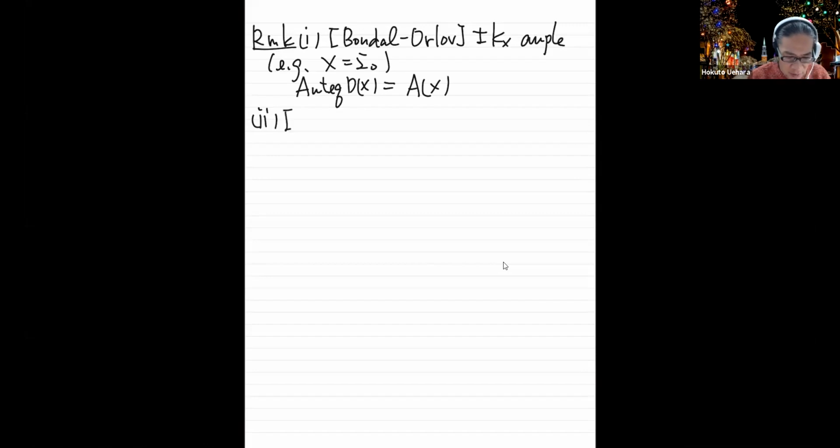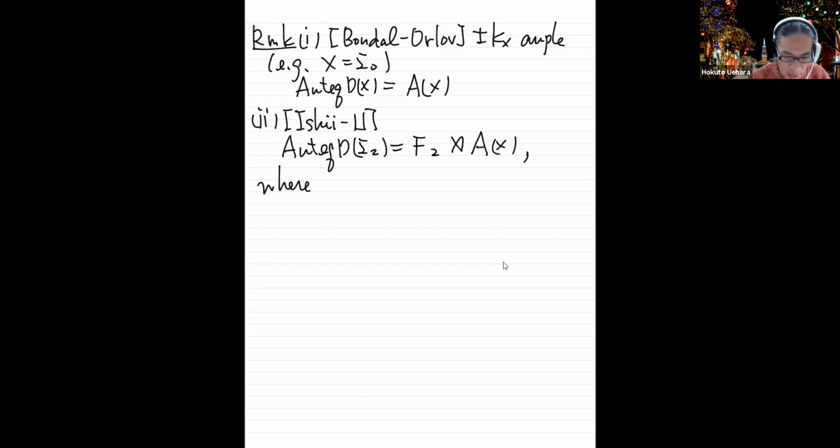On the other hand, Ishii and Uehara, and myself, proved that the autoequivalence group on Sigma 2 is generated by F2 and the standard autoequivalences, where F2 is generated by the twist functors, as I define now.